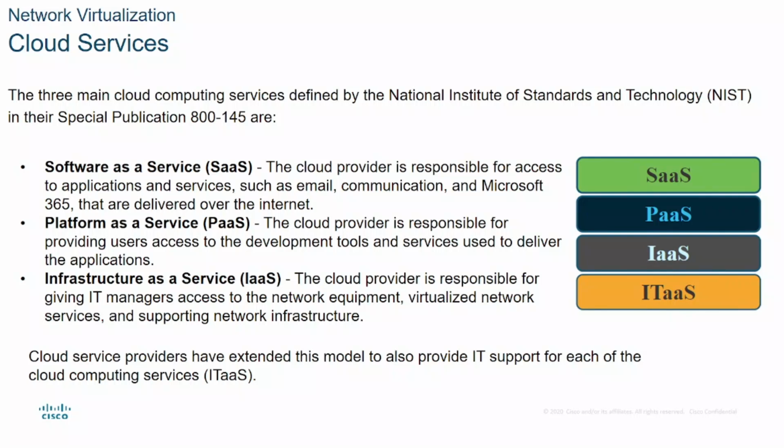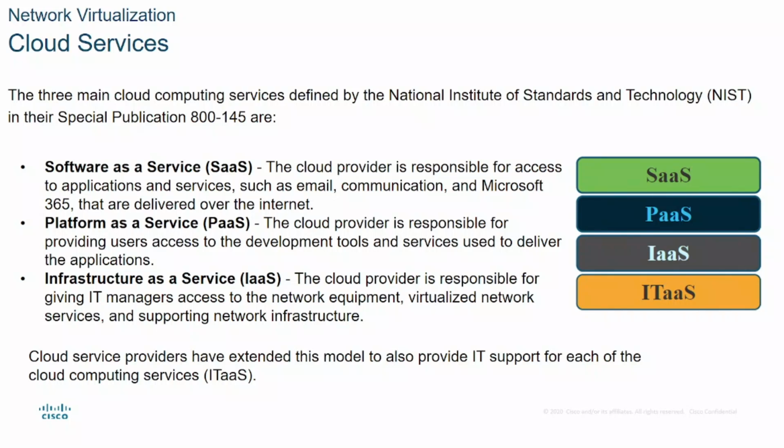Then we have platform as a service. So the cloud provider is responsible for providing user access to development tools and services used to deliver the application. Just like you have your Google Drive, alright, Microsoft Azure. So there's also infrastructure as a service.